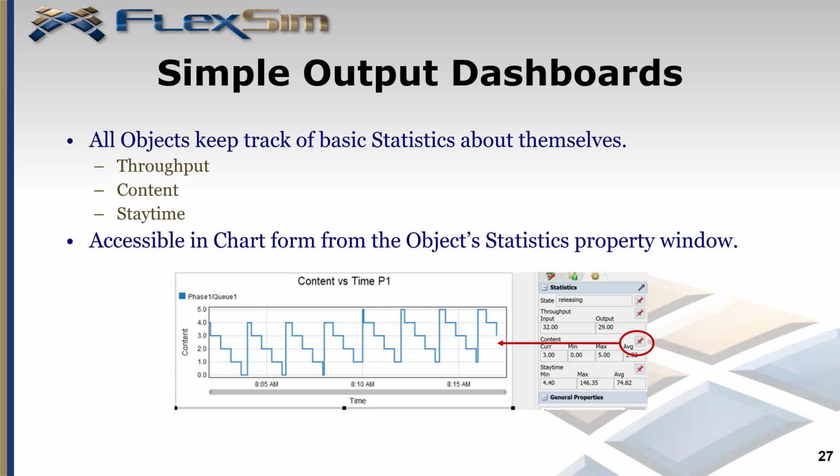If you'll open the panel in the Properties window called Statistics, as shown here in this slide, there will be thumbtacks next to each of the statistics associated with throughput, content, and stay time. If you click on the thumbtack, it'll ask you how you want to display that stat, as a time plot or as a bar chart. So it's very easy for you to create some dashboards for this model. Okay, it's now time for you to try to build this model on your own.